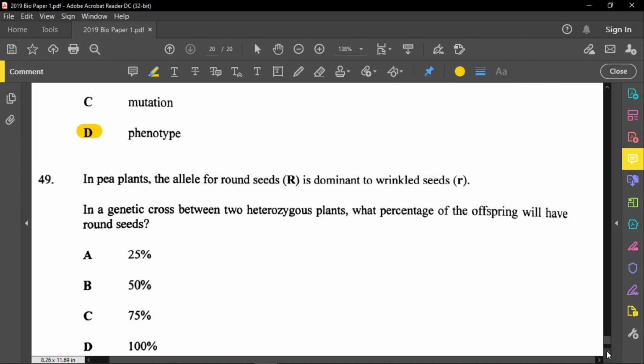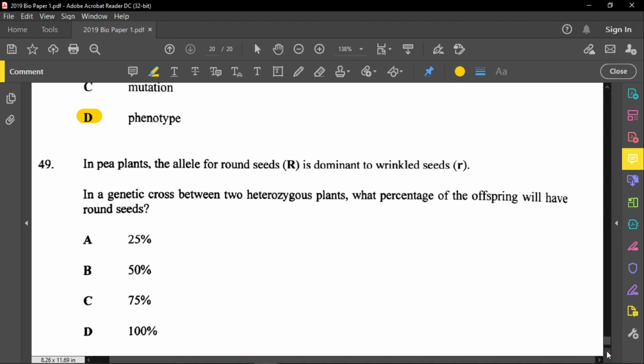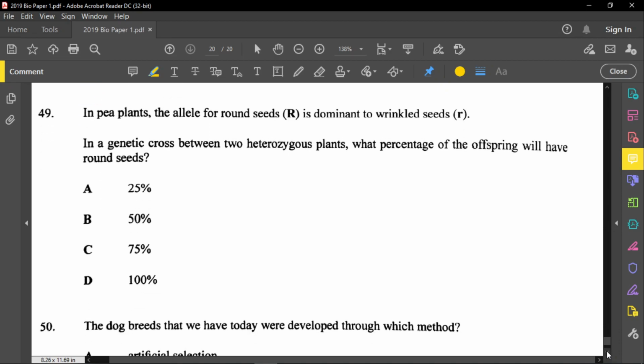Okay, great. Now, 49 reads that in pea plants, the allele for round seeds, which is uppercase R, is dominant to wrinkled seeds, which is lowercase r. In a genetic cross between 2 heterozygous plants, what percentage of the offspring will have round seeds?